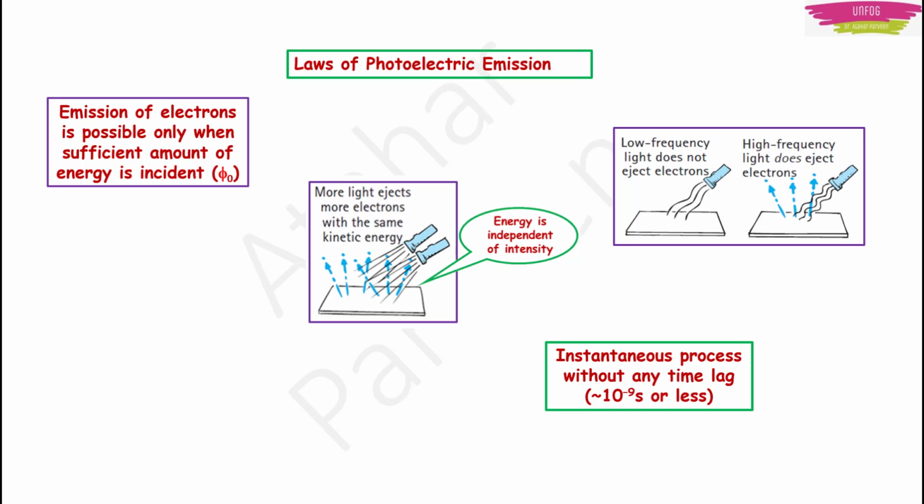When one particle hits the other particle, it suddenly comes out. It will not take any time. There is no time lag. If there is a time lag, it is so small that it is negligible. It will be around 10 raised to minus 9 seconds. So much small time is there. That's why we can directly say that it's an instantaneous process without any time lag.